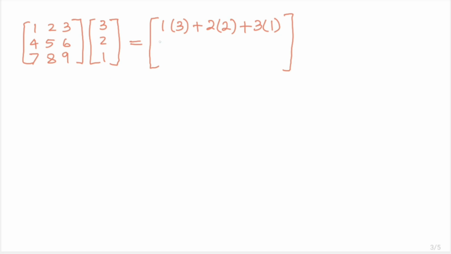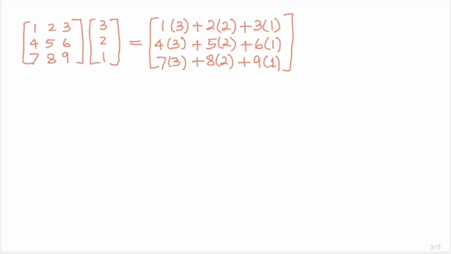So what do we get? 4 times 3, 5 times 2, and then 6 times 1. And then we take the third row and dot it with the vector. So we get 7 times 3 plus 8 times 2 plus 9 times 1.